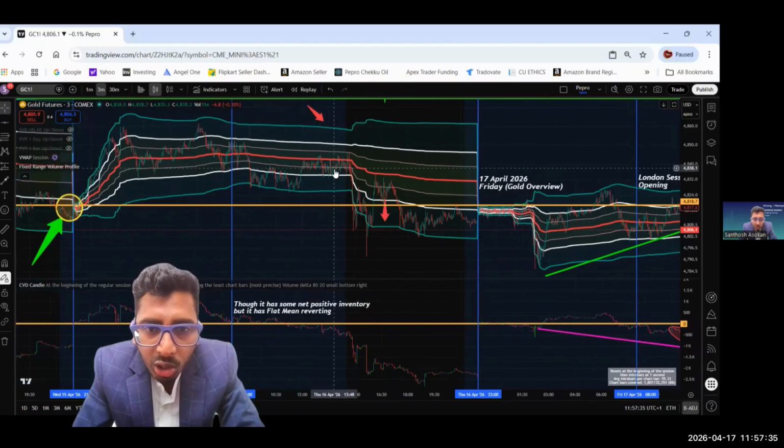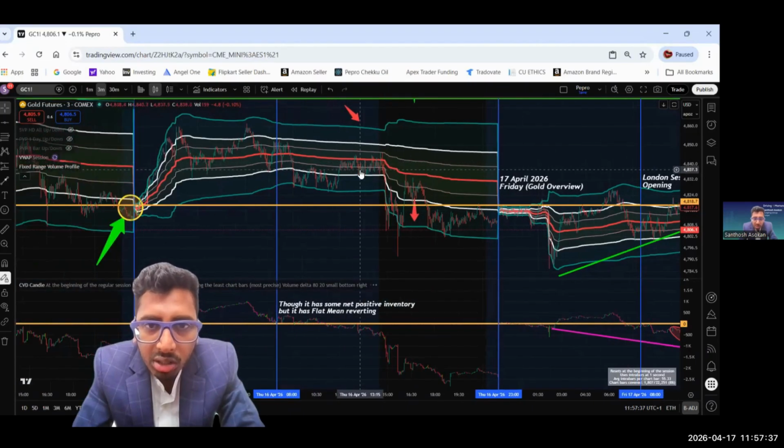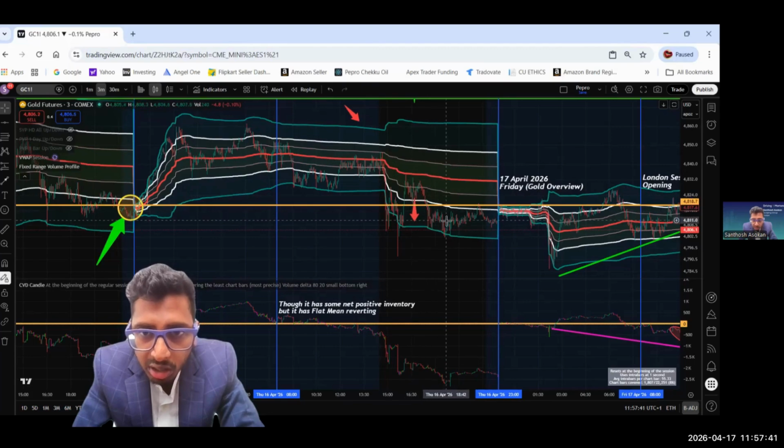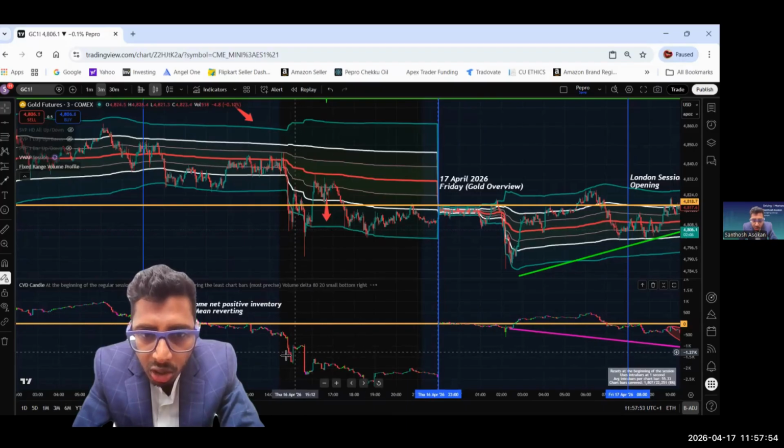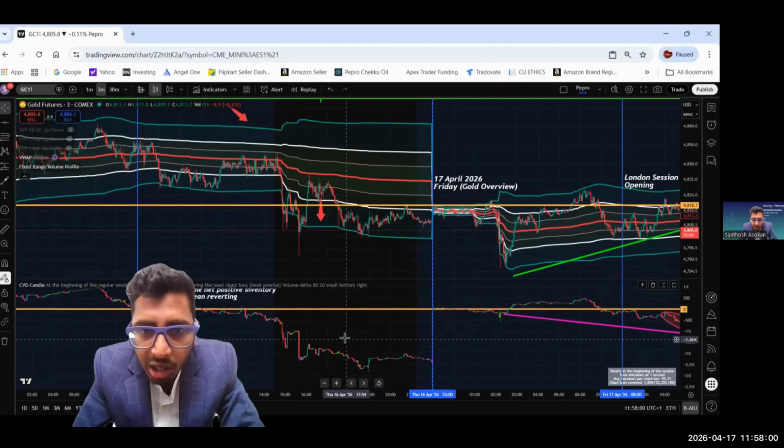But after the New York session, the sentiment shifted slightly towards the negative side. I even mentioned in the inventory that it is in mean reversion, and I was expecting some flushing towards the zero levels, which I expected at around this stage. But again, there were aggressive sellers pitching in the market and continuously pushing the price even lower.